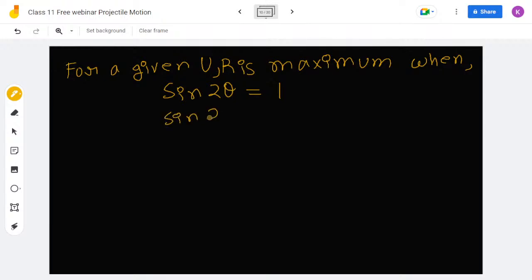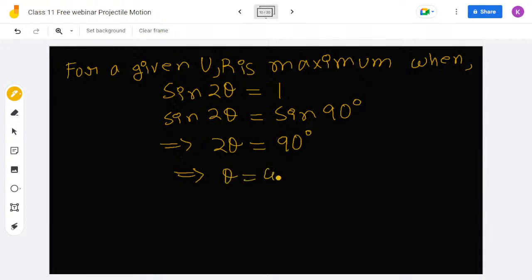Now, the sine becomes 1 when the angle is 90 degrees, so we get 2 theta equal to 90 degrees and theta equal to 45 degrees. From this we can say that the range will be maximum when the angle at which the projectile is thrown is 45 degrees.